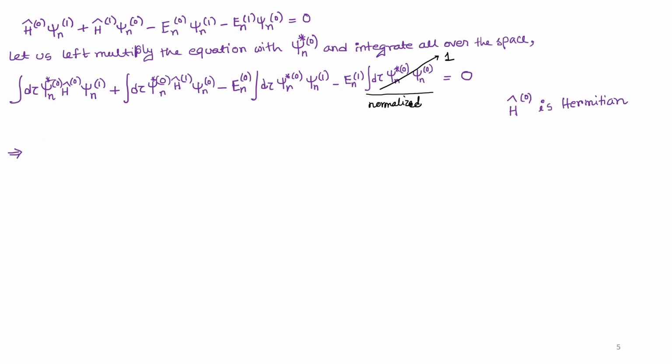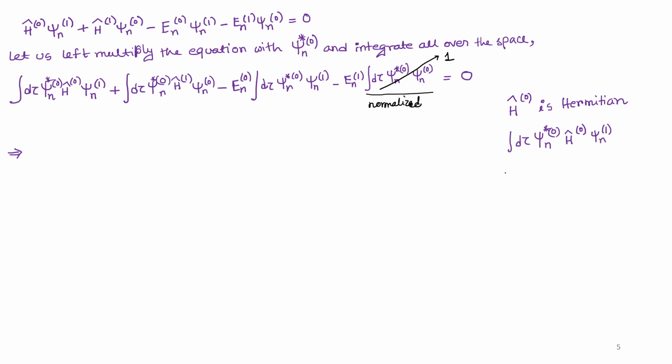So what we can do with this operator, let me show you here: d tau psi n 0th star Hamiltonian and then psi n 1.